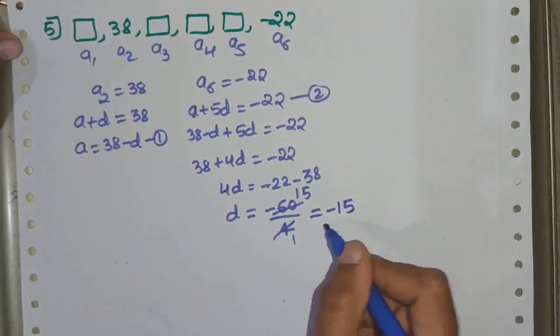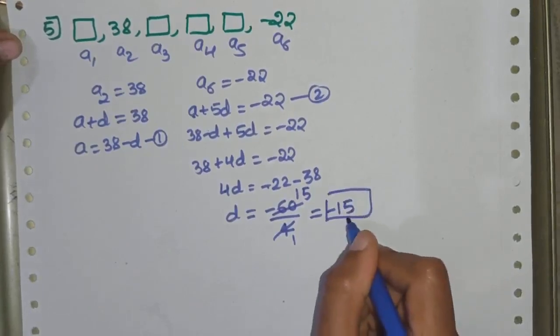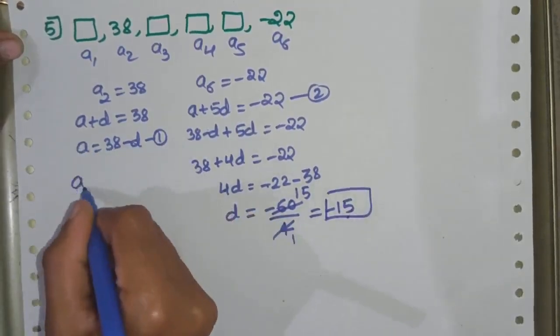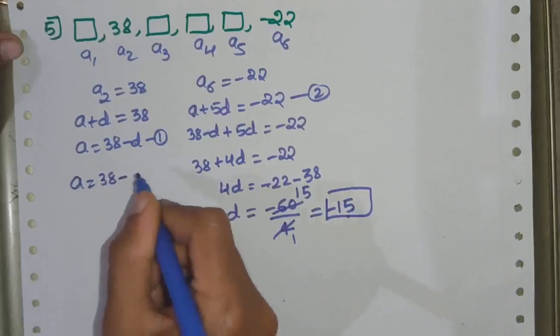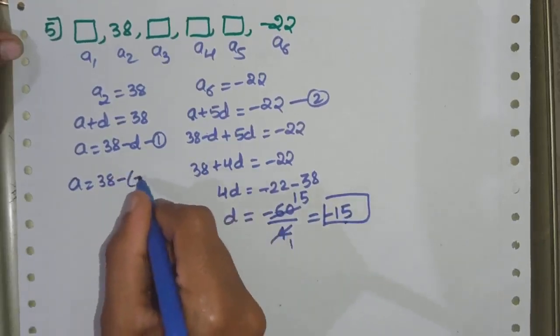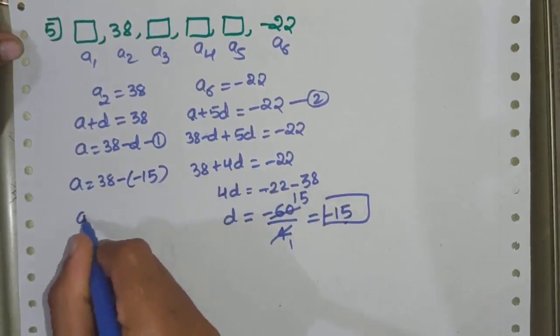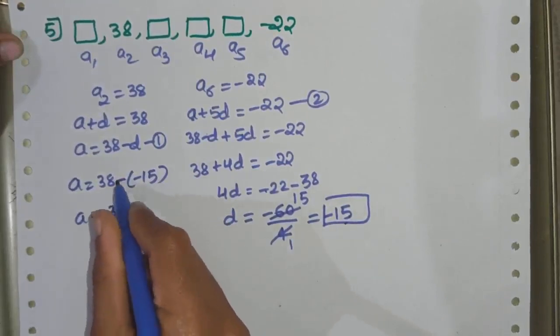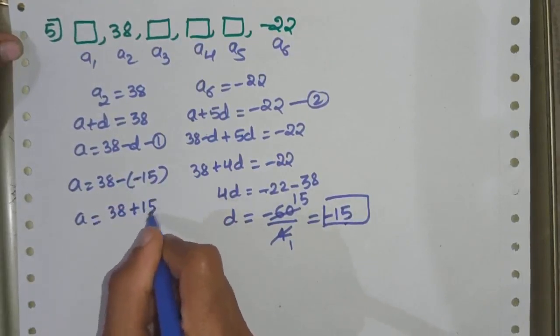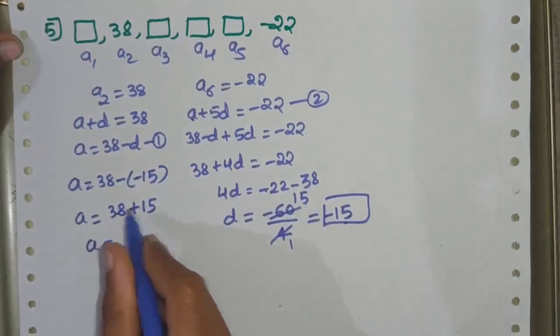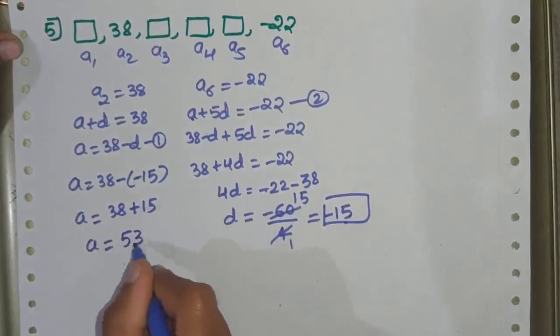Yes, so here we have D as minus 15. On substituting in equation 1, A equals 38 minus of D, D is minus 15. So A equals 38 minus into minus, plus 15. So A equals 38 plus 15 is 53.